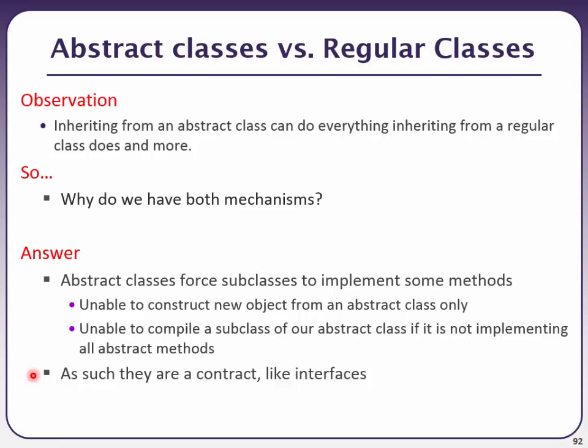Try your best to find an example where you could claim, I can do everything that, for example, an abstract class does with an interface, and then try to prove yourself wrong. If you can prove yourself wrong, if you follow the logic and you realize why you cannot completely replace everything by abstract classes, then you have a solid understanding of those different concepts.